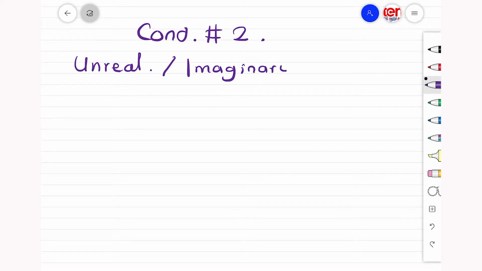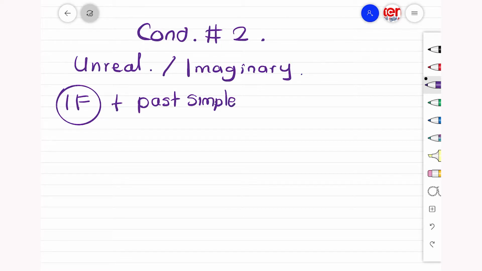So conditional 2, as I told you, is for unreal situations about the present, not very possible, or imaginary. What about this structure? We continue using if, si, then I will use the past simple, the one with regular and irregular verbs, and the auxiliary didn't, remember?